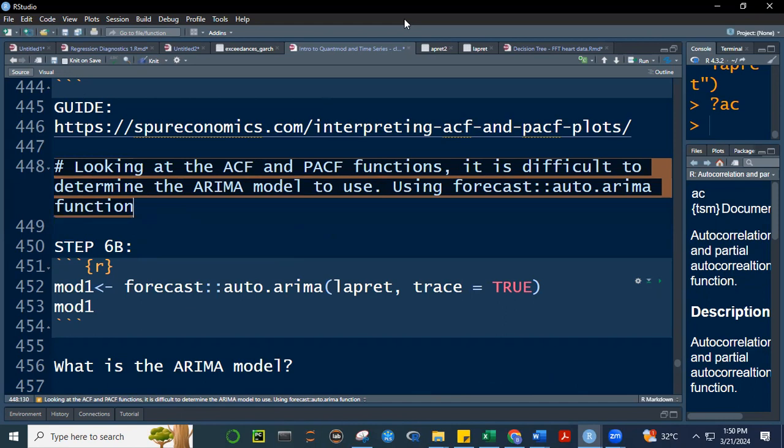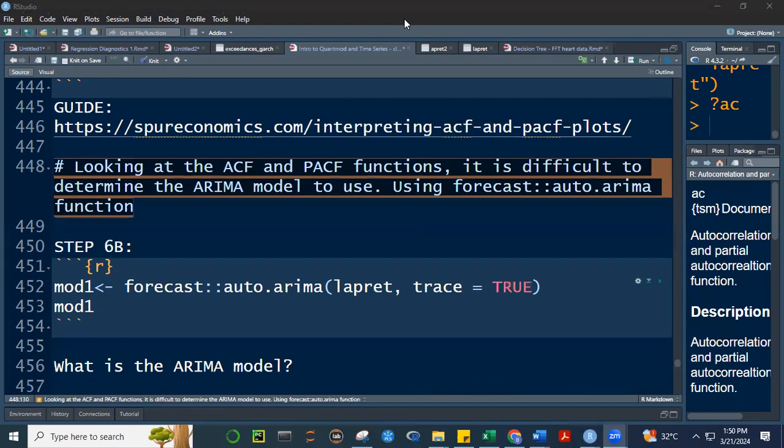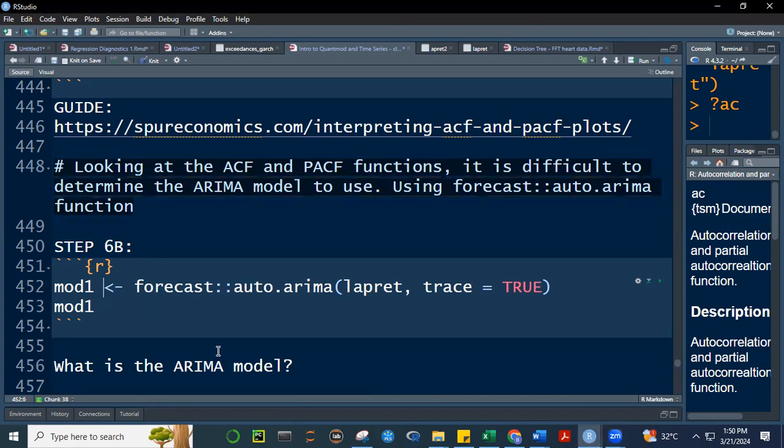I'll share these notes with you. I want you to write this code. We're creating a model called model 1. This comes from the forecast package, so you should have loaded forecast.